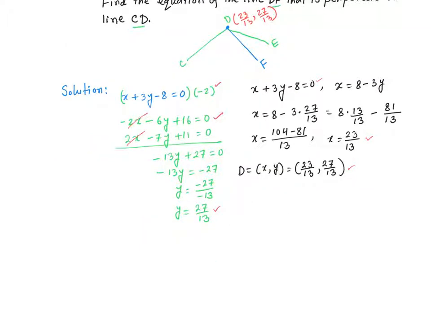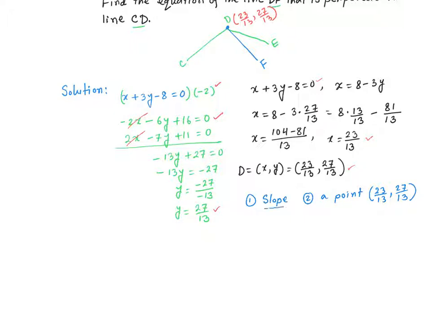Now remember, to find the equation of a straight line, we need two things. One thing is the slope, and the other thing, by the way, is a point on the line. In our case, we do have the point, which is what? 23 over 13 comma 27 over 13. So we have the point.